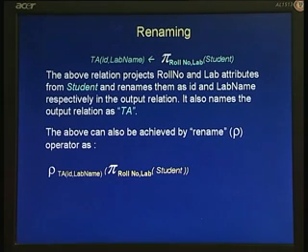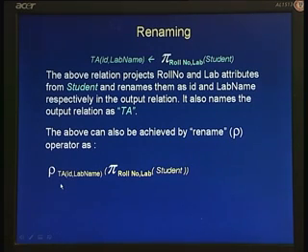Now this kind of renaming can be implicitly achieved without an assignment statement by using the rename operator, which is identified by the Greek symbol rho, shown below in this slide.